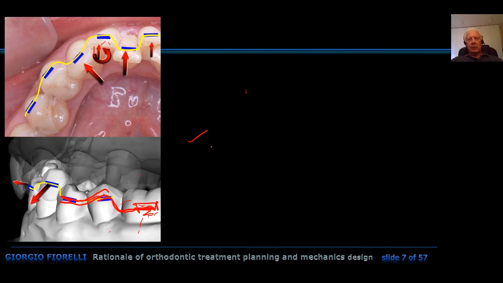So let's assume that you have this sequence. And you are interested mainly in correcting the position of this bracket and bringing it here.